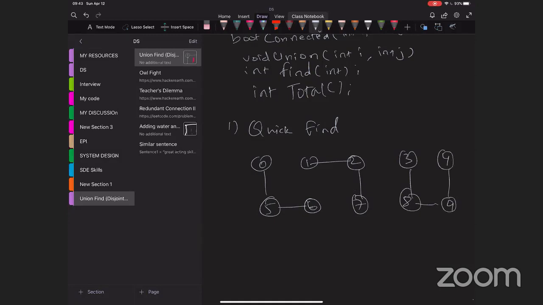I'm going to maintain my data structure using an array internally. Let's call it ID. ID has basically 10 elements, right?